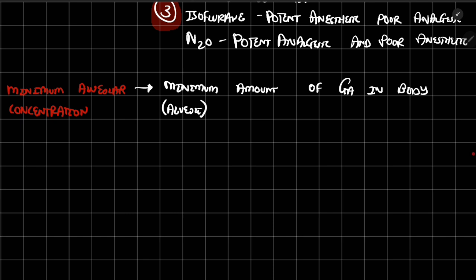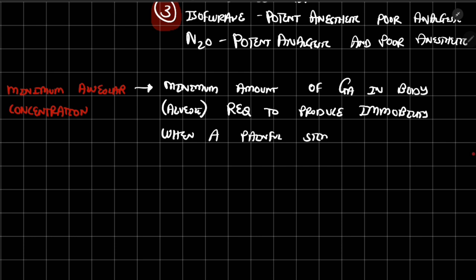So minimum amount of general anesthetic in alveoli required to produce immobility when a painful stimulus is given.